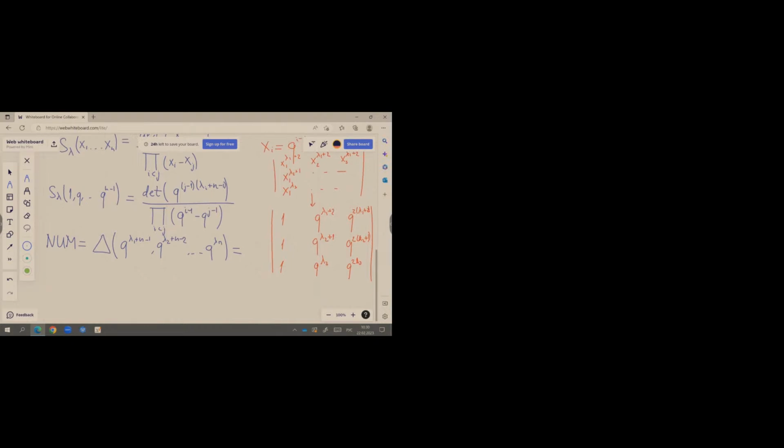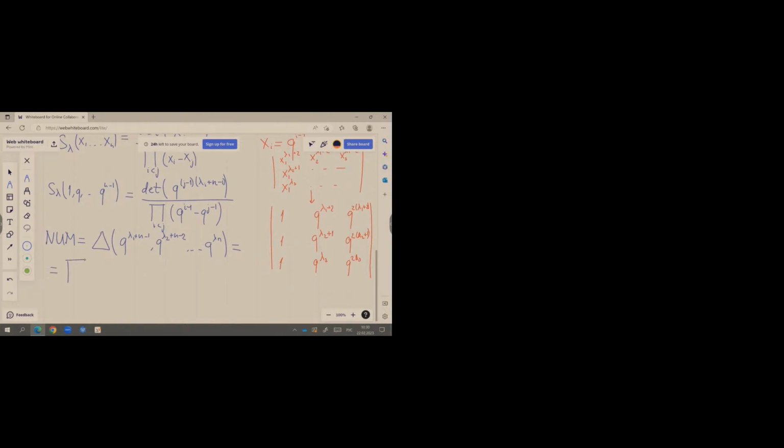That's the product for i less than j. Here you need to be careful with signs, right? I hope my signs are right. So for i less than j, q to the power lambda j plus n minus j minus q to the power lambda i plus n minus i, right?